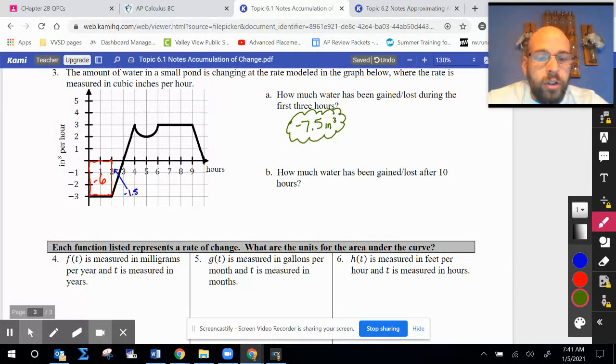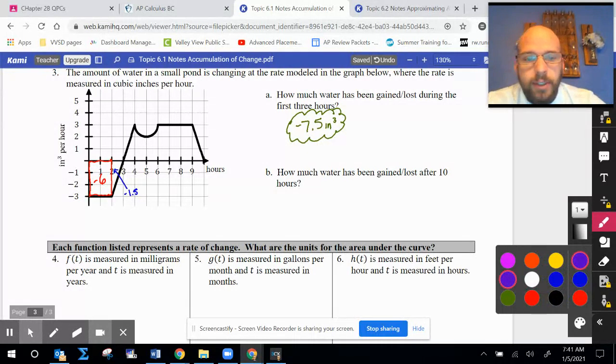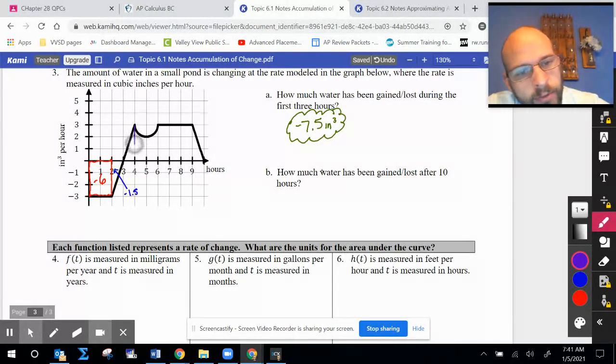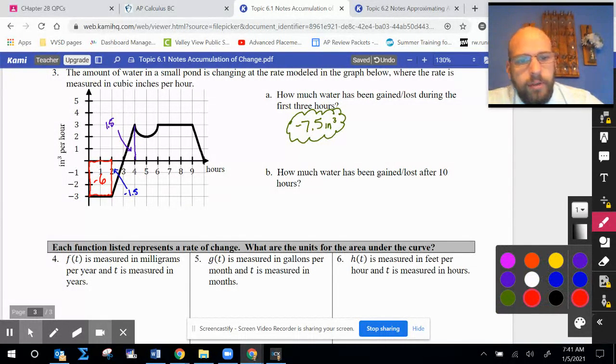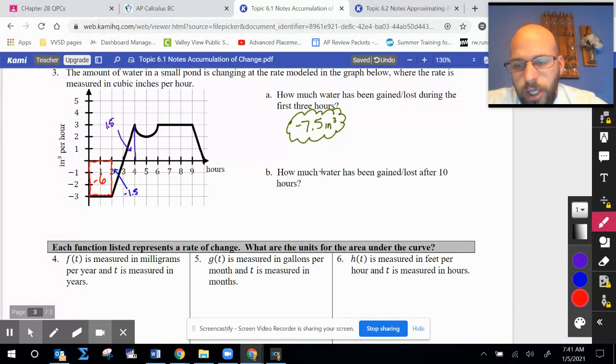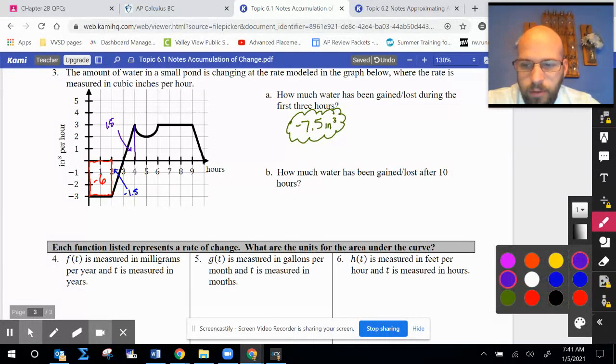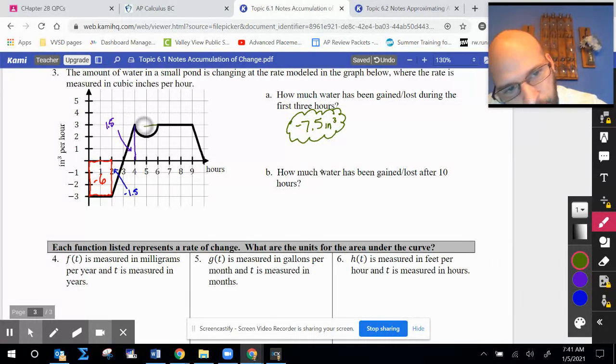Now, if I want to do for all 12 or 10 hours, okay, then we just keep going with the process, right? But these will all be positive values. So I have a little same sliver actually. This would be a positive 1.5. I have a little interesting shape here. Probably the best way to approach this shape would be to take this whole rectangle and then remove the semicircle.